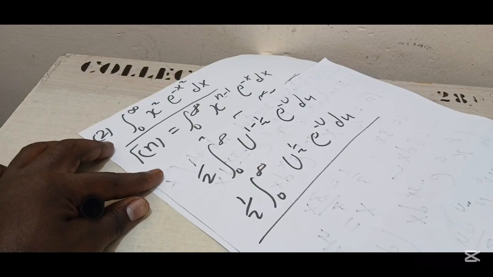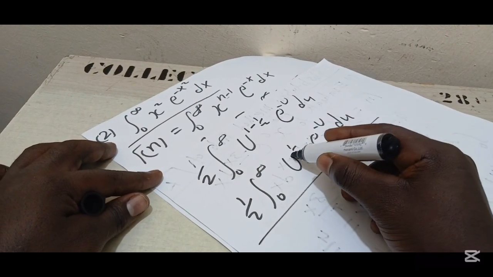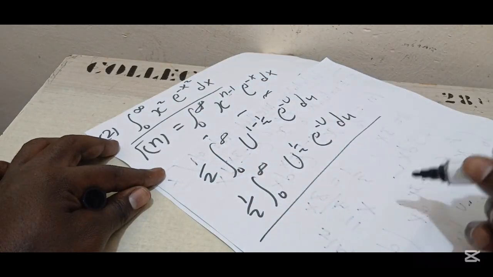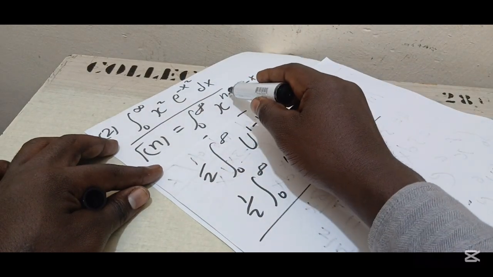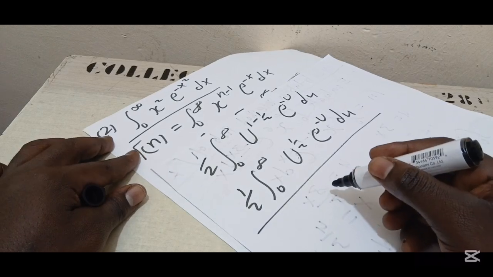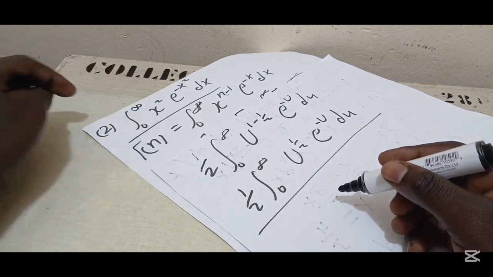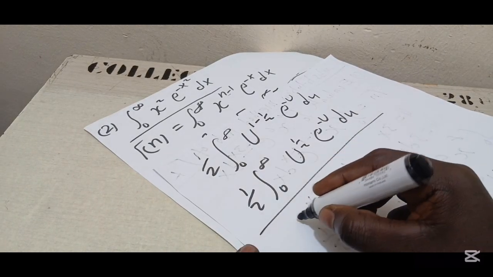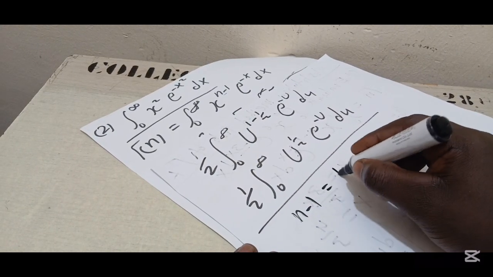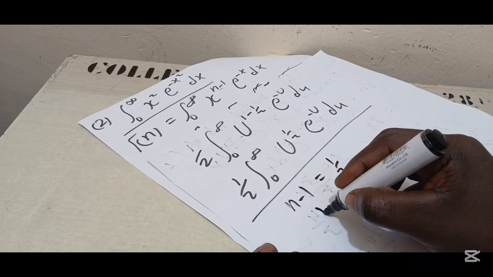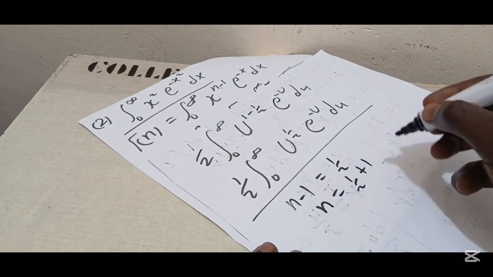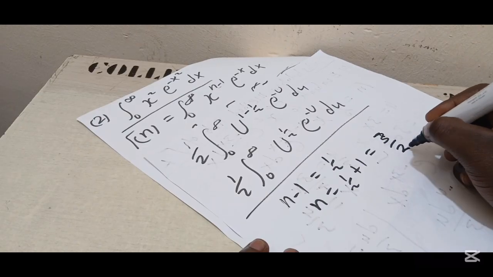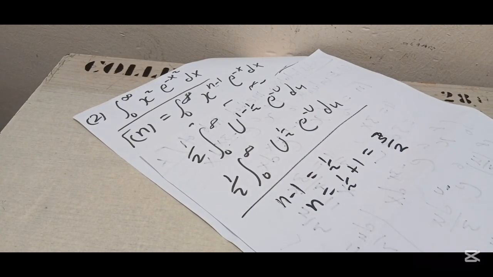What we are going to do now is to equate the power of u here to n minus 1, so that we look for the value of our n here. So n minus 1 equal half, right? So n equal half plus 1. So this will be giving us 3 on 2. Am I right? Yes.